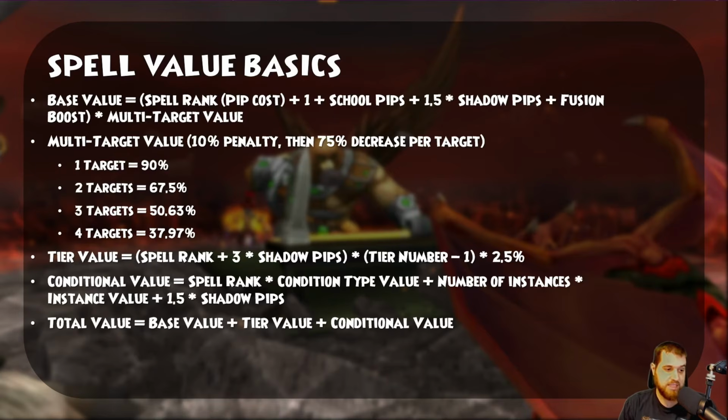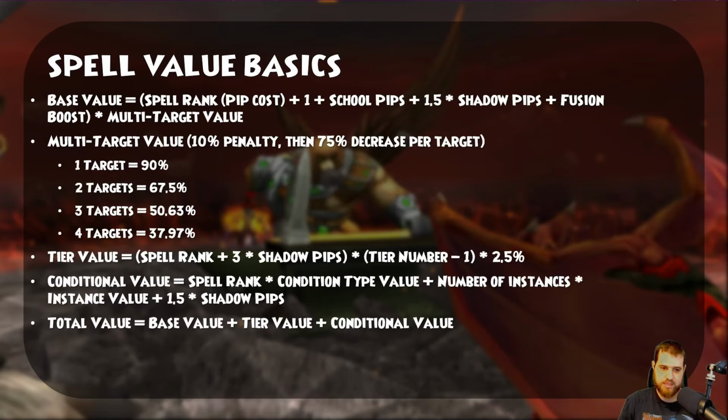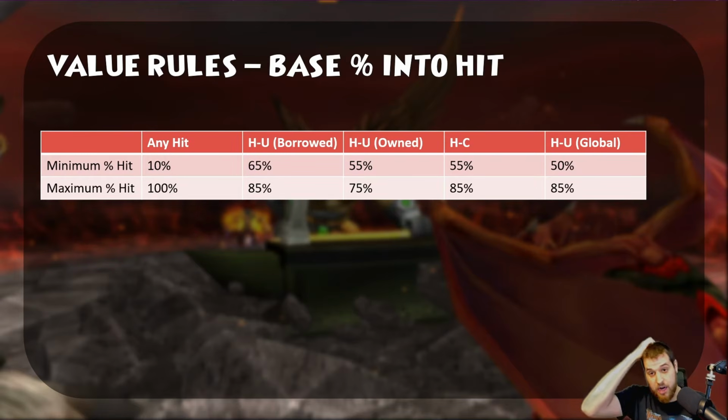And, of course, in the spreadsheet, we'll go into how this looks. Value rules. This one is about what percent of the spell's value can go into the hit versus the utility. And when we say utility, it means any sort of hanging effect that you're making.